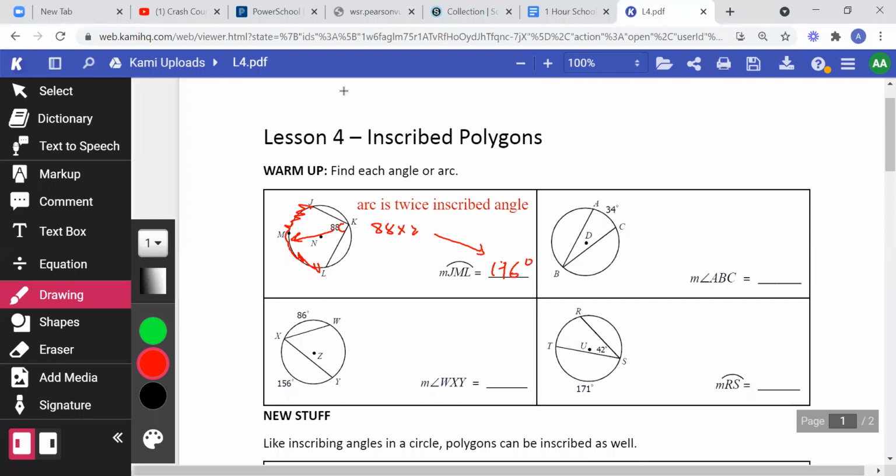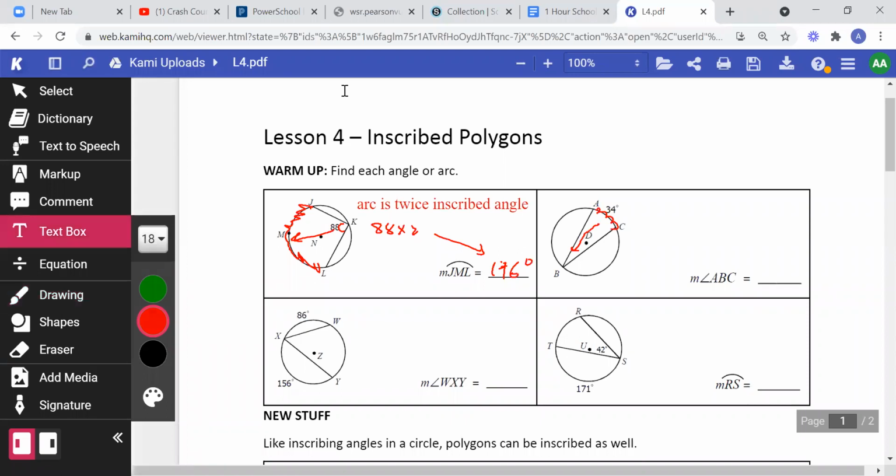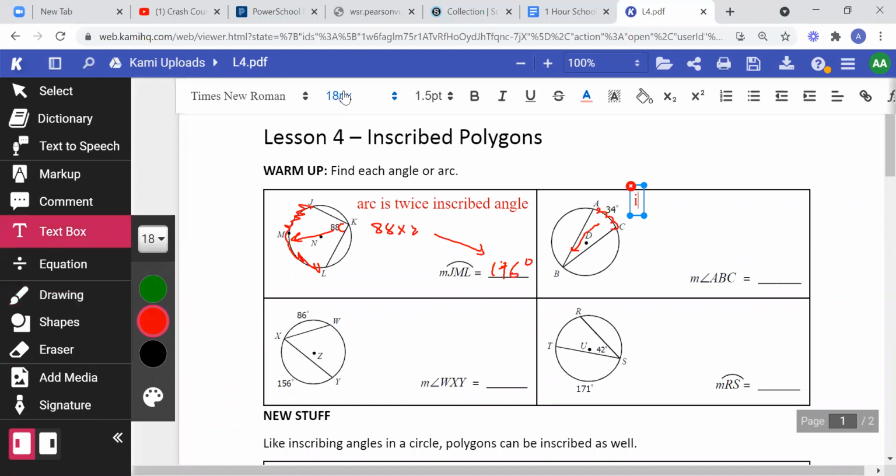So the other place here, we have the arc. We're looking for the inscribed angle. But what we know is that the inscribed angle is half the arc.